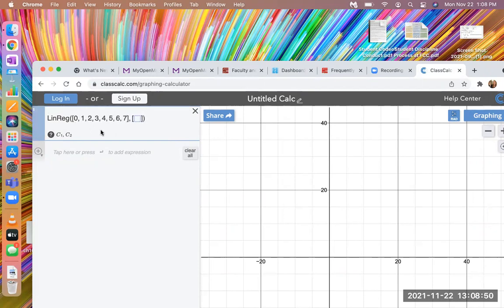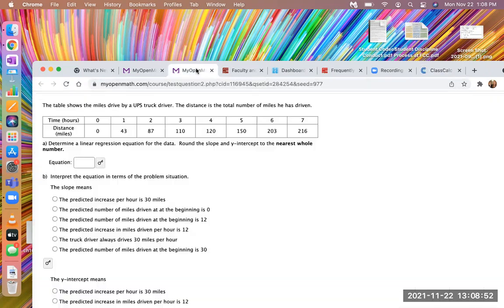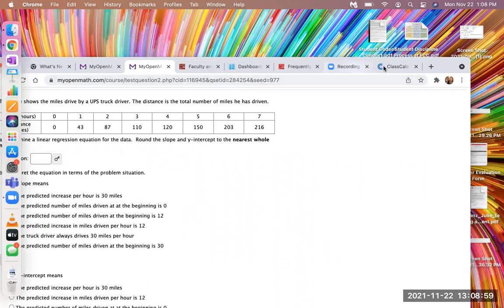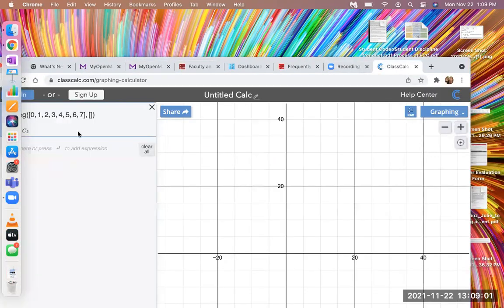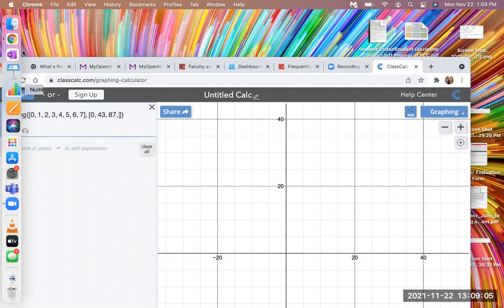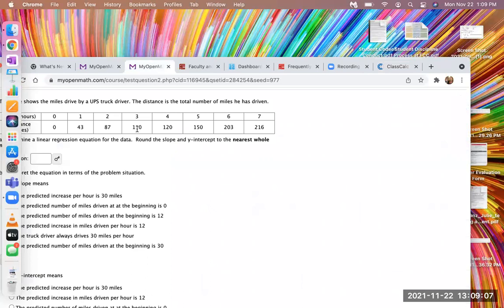That's not going to be hard. I put commas in between them. The next list, 0, 43, 87, is going to be a little more time consuming.